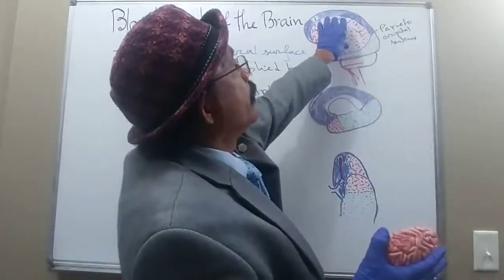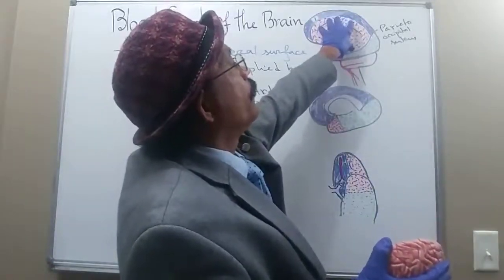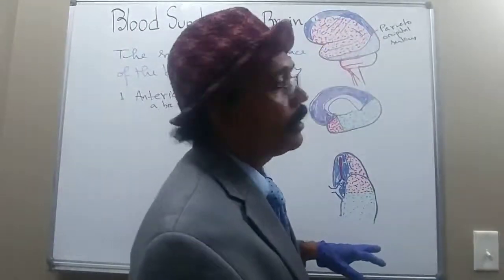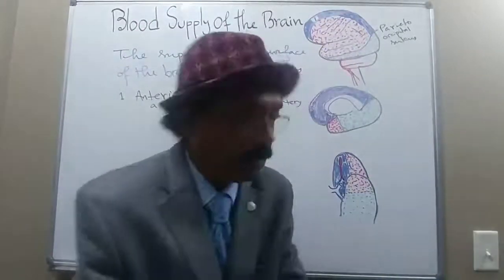middle cerebral artery. The middle cerebral artery is also a branch of the internal carotid artery, as we have seen in the circle of Willis.